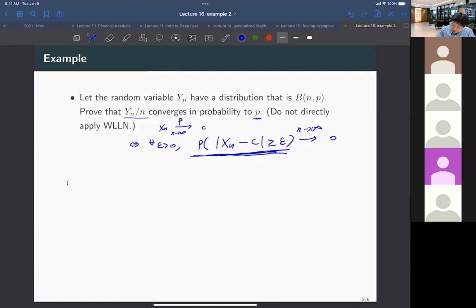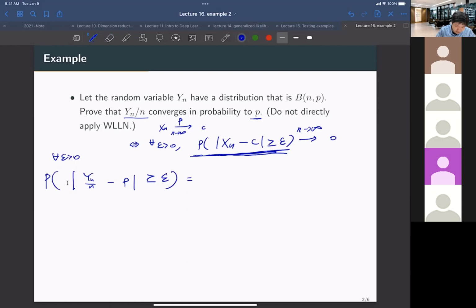So we need to show that, to show the convergence in probability, we need to show that for Yn over n and p, for any epsilon, the probability of Yn over n minus p greater than epsilon goes to 0.